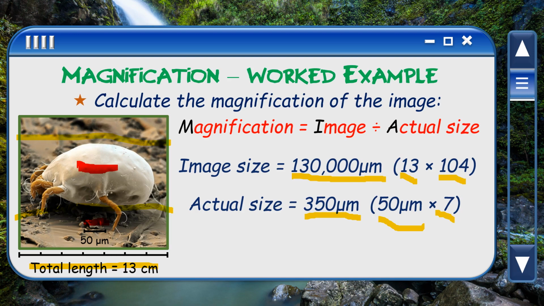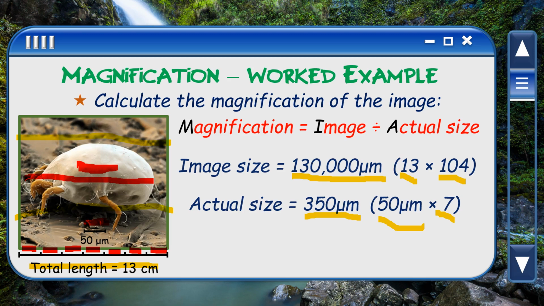But if you measure from here and go across this organism up to where it stops, we shall see that there is 1, 2, 3, 4, 5, 6, and 7. The total actual size is 7.